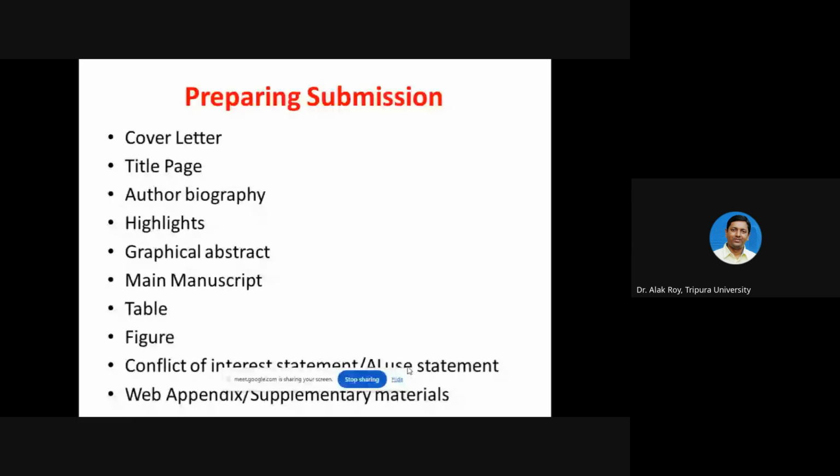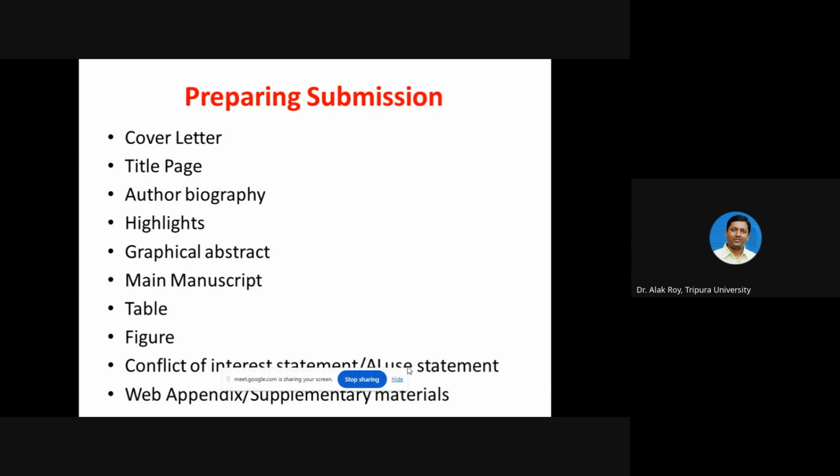So any other questions, anyone? Okay. So with this, I have completed my part on this writing as well as selecting journals.